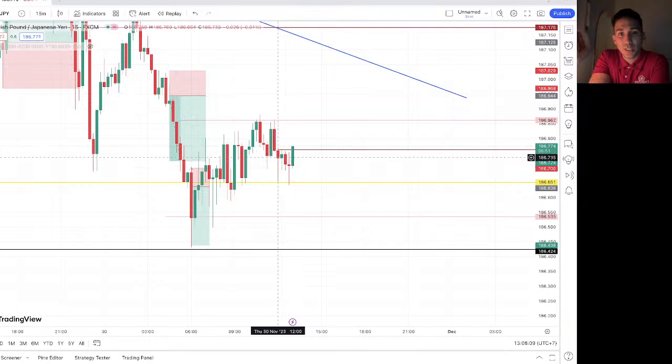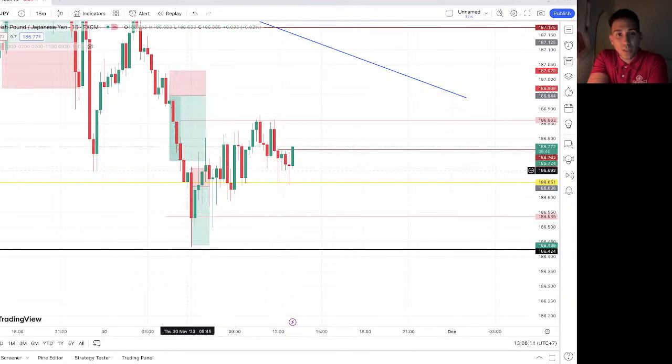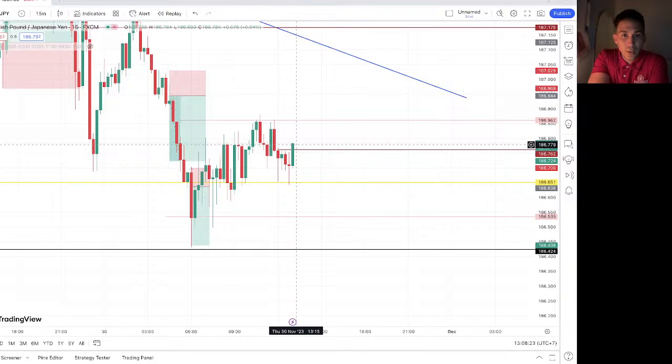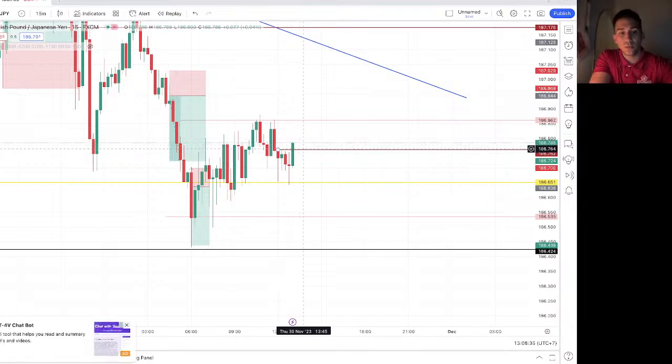There's no big amount of traders trading this pair, so there's no volume, unless we see something like this. This is a great push, and now we have seen it. So we are breaking the structure already. This is our first signal.